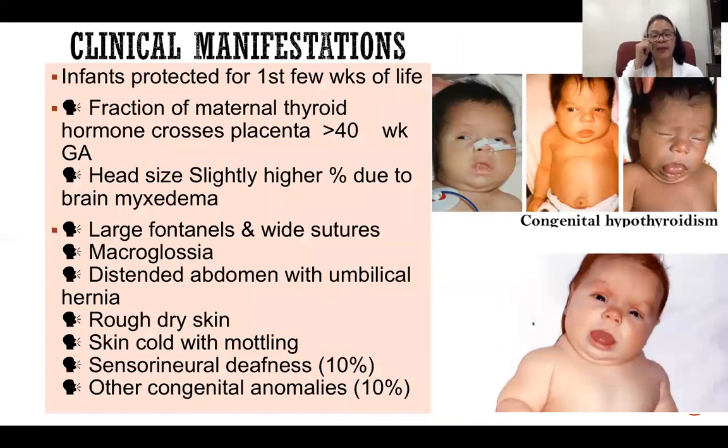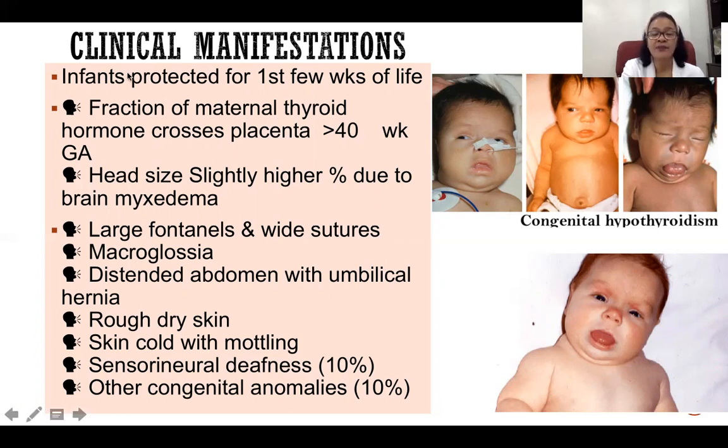So what could be the manifestations of congenital hypothyroidism? Actually, infants may be protected for the first few weeks of life. Some infants may have normal development, no symptoms during the first few weeks of life.